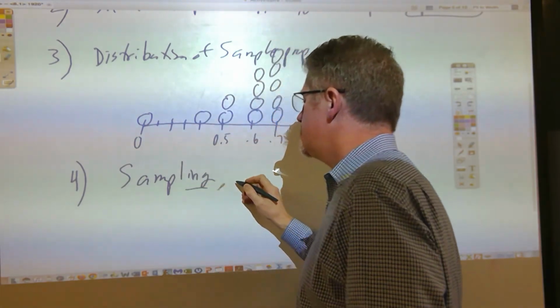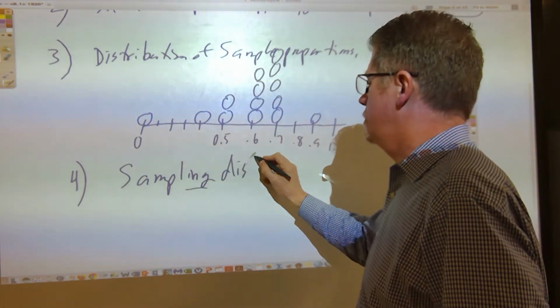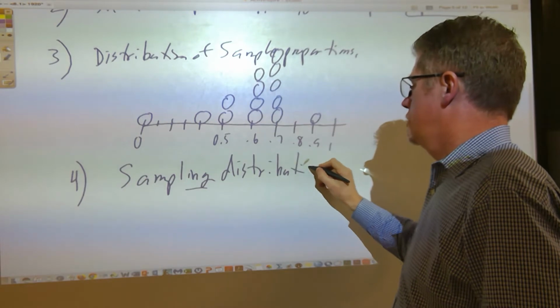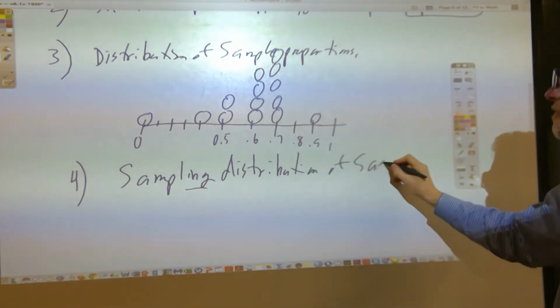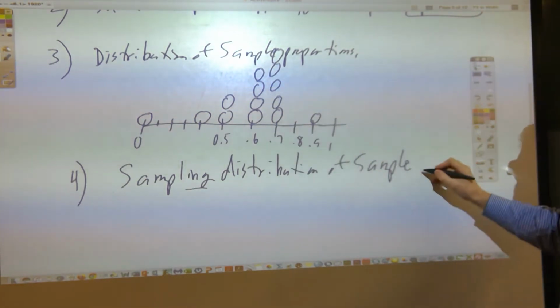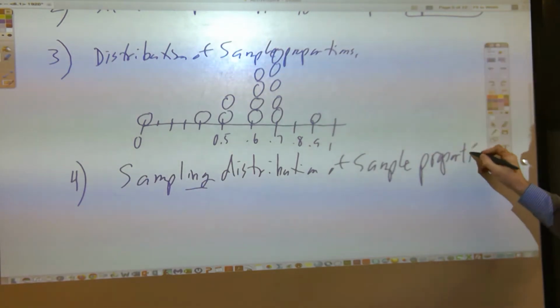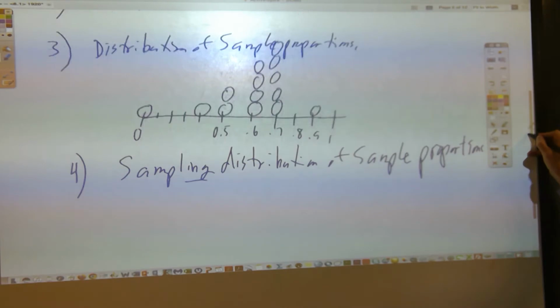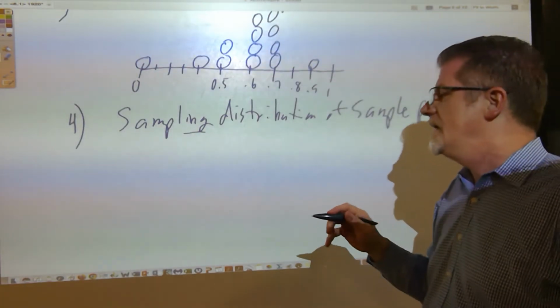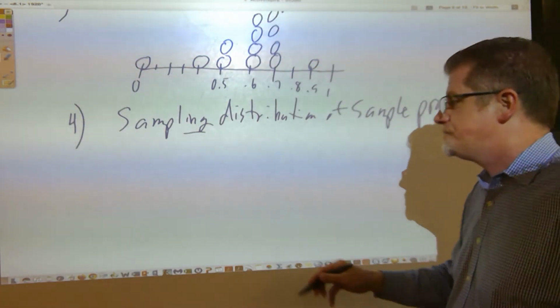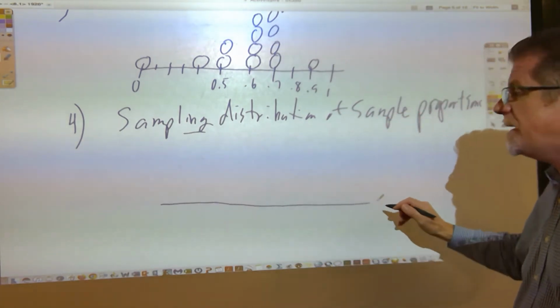Sampling, underline the ING. Sampling distribution of sample proportions. Now, a sampling distribution of sample proportions is a mathematical model.